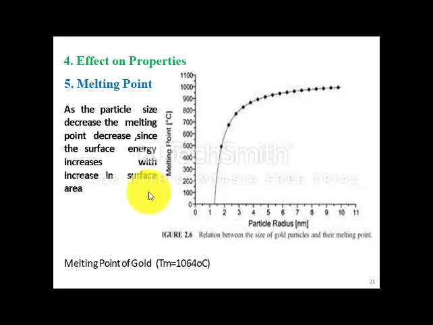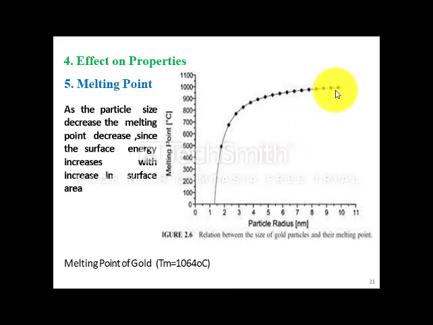Here it is a melting point curve. On the x-axis is particle radius in nanometers from 0 to 11 nanometers, and on the y-axis is melting point in degrees Celsius. It is the curve for gold nanoparticles, and it is very surprising that when the gold nanoparticles are of the size of 11 nanometers, the melting temperature is 1064 degrees Celsius.